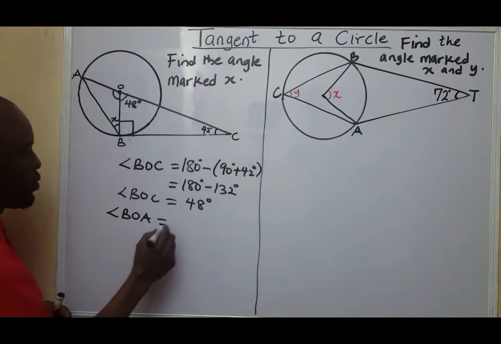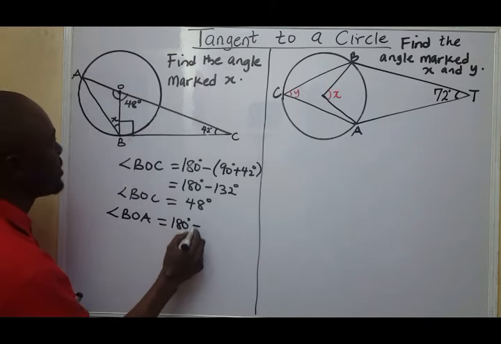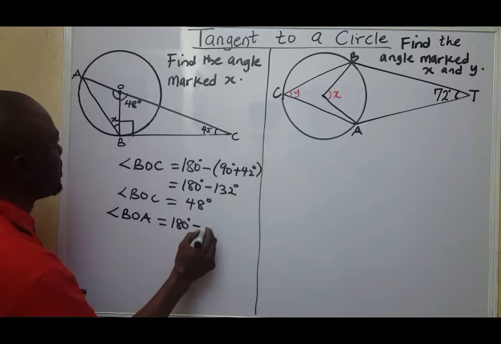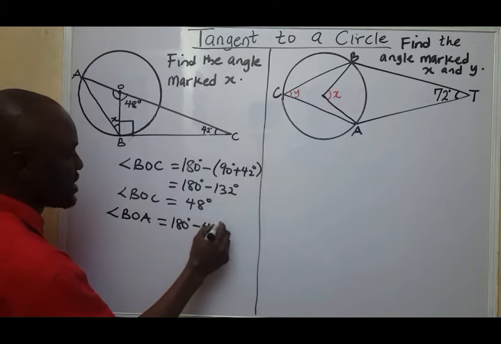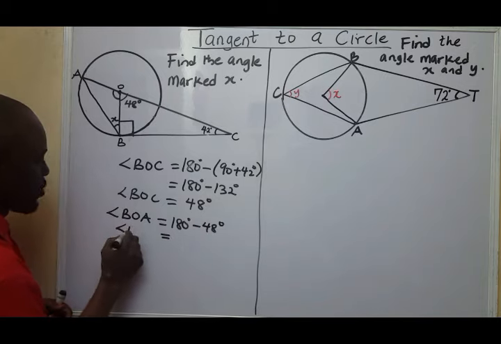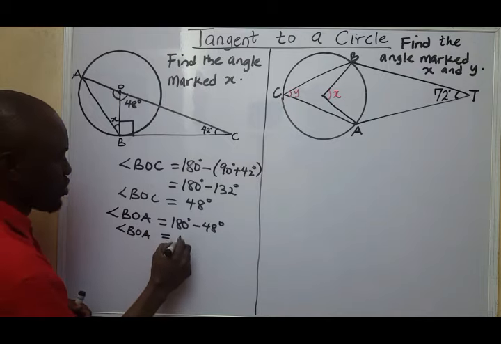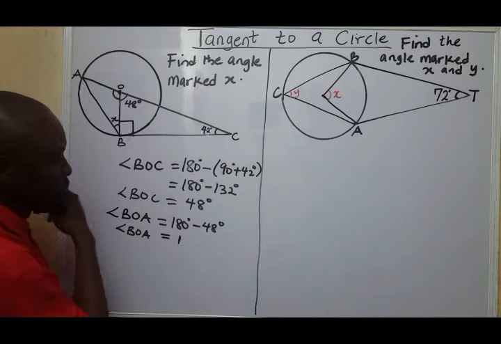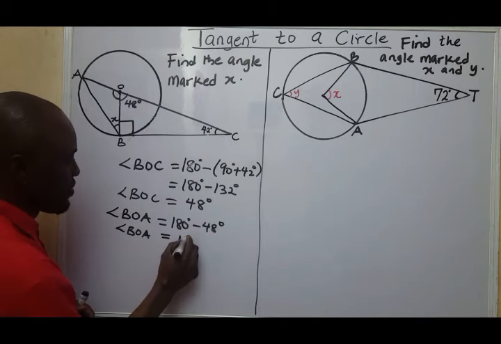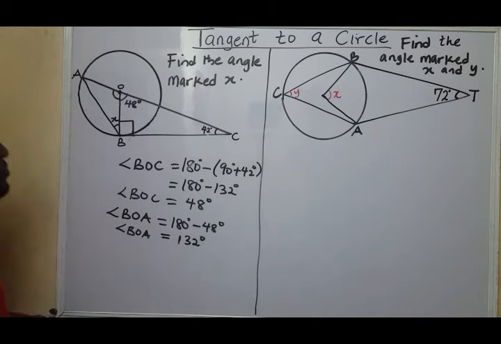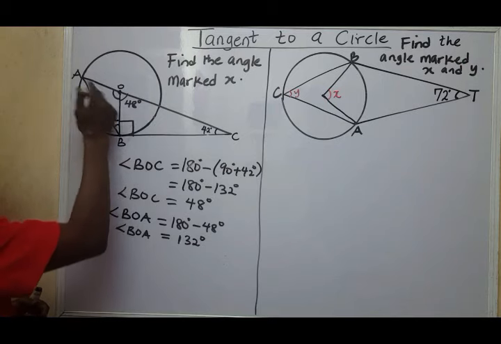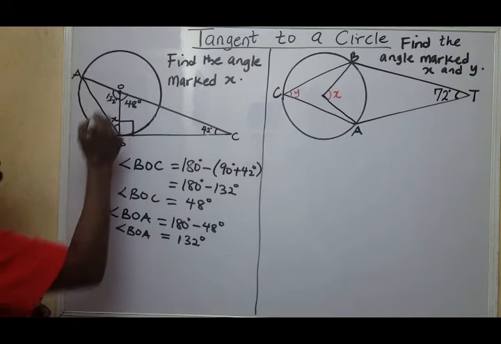This angle will be 180 degrees minus 48 degrees, so angle BOA is 132 degrees.